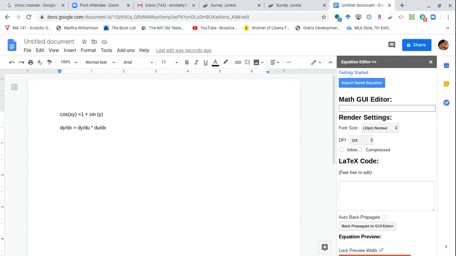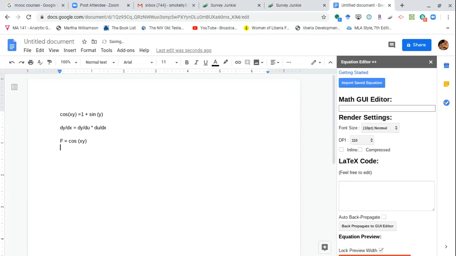I can write this as my outside function. If I just have big F equal to the cosine of xy, then this is the product of two functions.